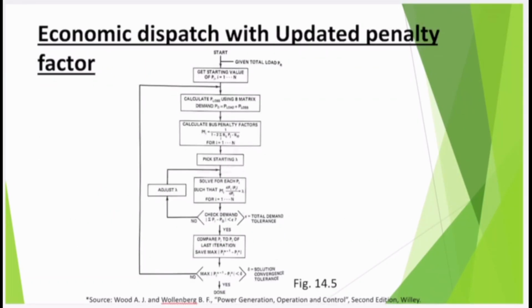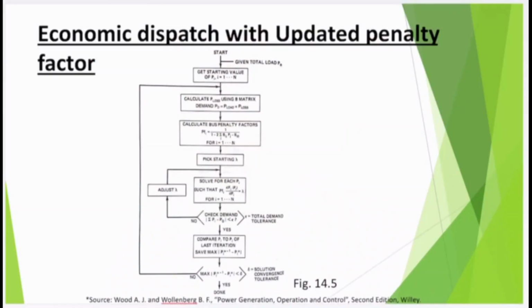And then, economic dispatch with updated penalty factor. When we solve the economic dispatch problem with losses, we try to update the penalty factor as one of my variables. So in the process, as you could see, we start and assume all the variables, then we calculate the demand, then calculate the penalty factor, and then determine lambda.